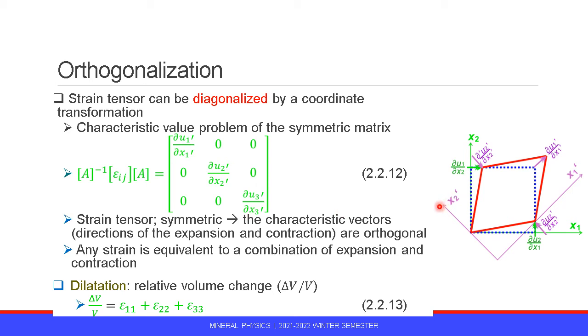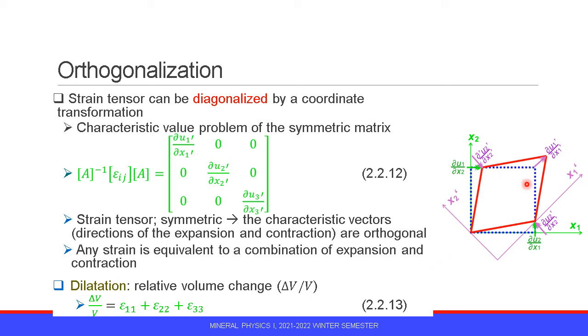Since the strain tensor is symmetric, the characteristic vectors are orthogonal to each other. Therefore, the strains containing both expansion, contraction, and shear can be considered as the combination of a compression and a contraction without shear at right angles with each other.